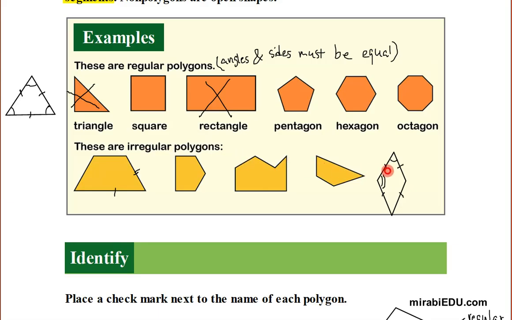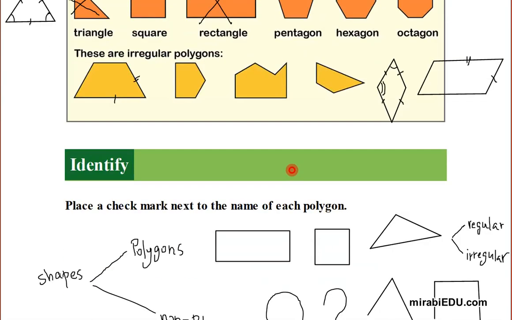Another example is a parallelogram. If I draw a parallelogram like this, the sides are not equal to each other. Because the sides are not equal to each other, it's an irregular polygon. Okay, let's do some exercise.